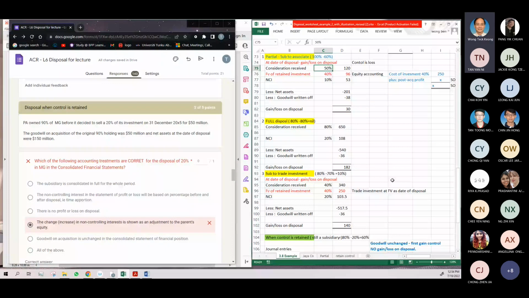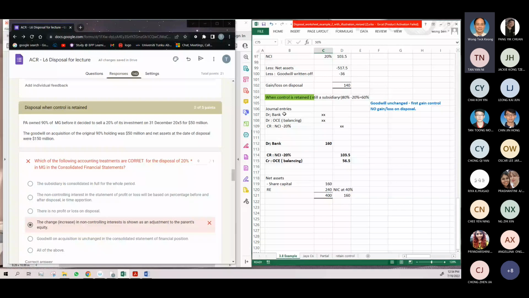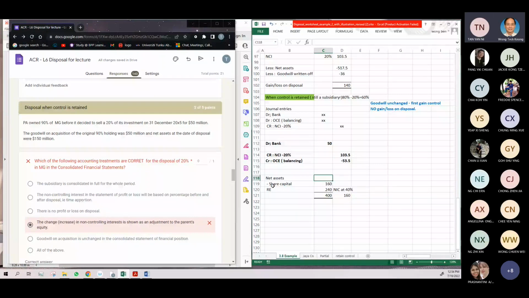So they sell 20% of it for 50. So debit bank, receive money. Goodwill originally is 50 here, so it is unchanged. But net assets is 150, so you need to compute the net assets here. Instead of the breakdown, they give you a total of 150. You have to add in the goodwill.